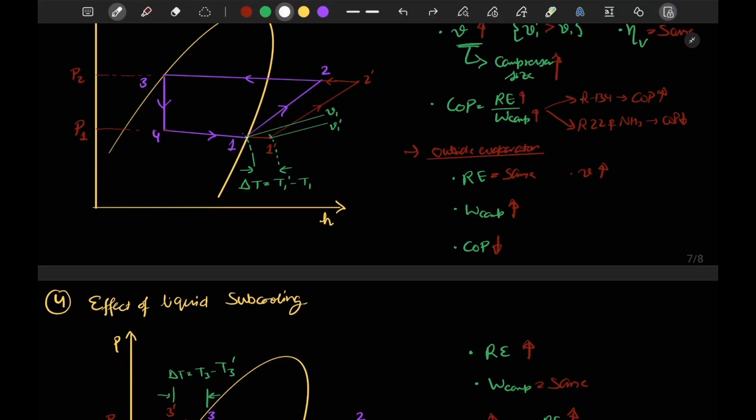So to prevent wear and tear of your compressor, we decide to superheat the refrigerant first to point 1 dash, and from there we compress it. It will ensure that inside your compressor there is no liquid particle available. I hope you get this point.